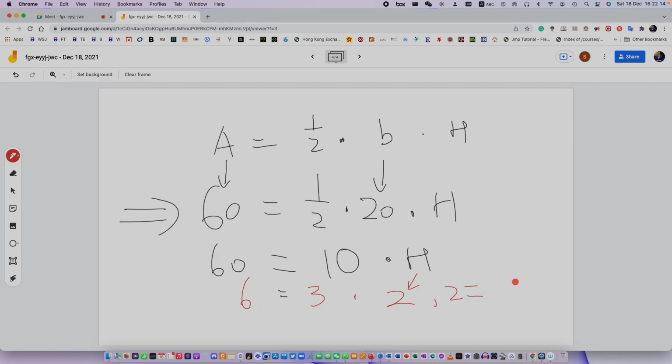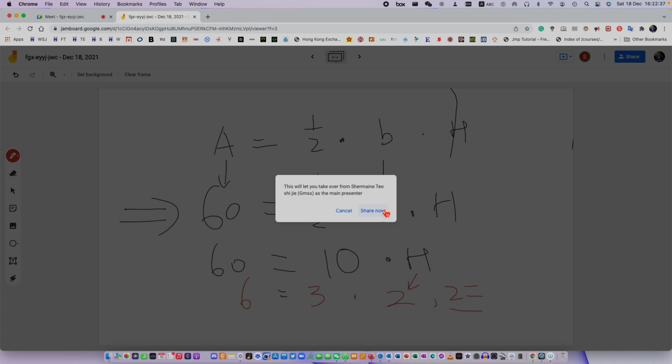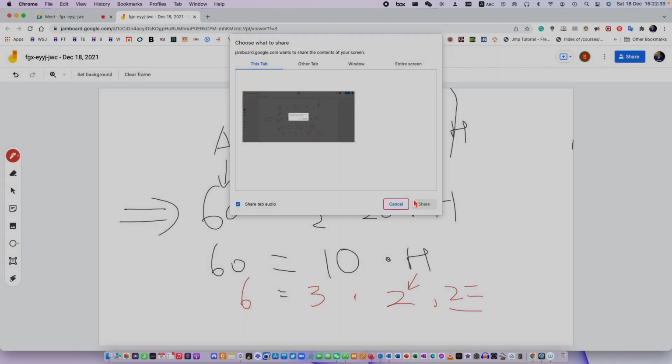So 2 is equal to? How do you get 2? Can you write down? Your turn to write. Let me share.